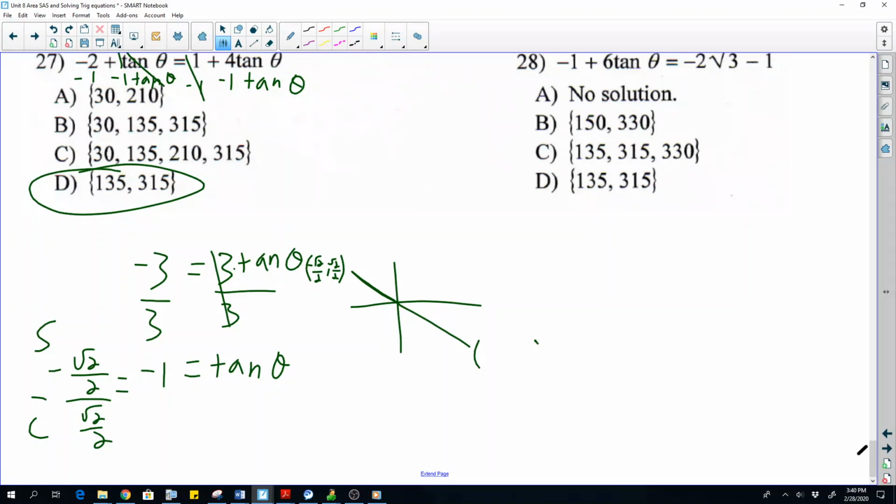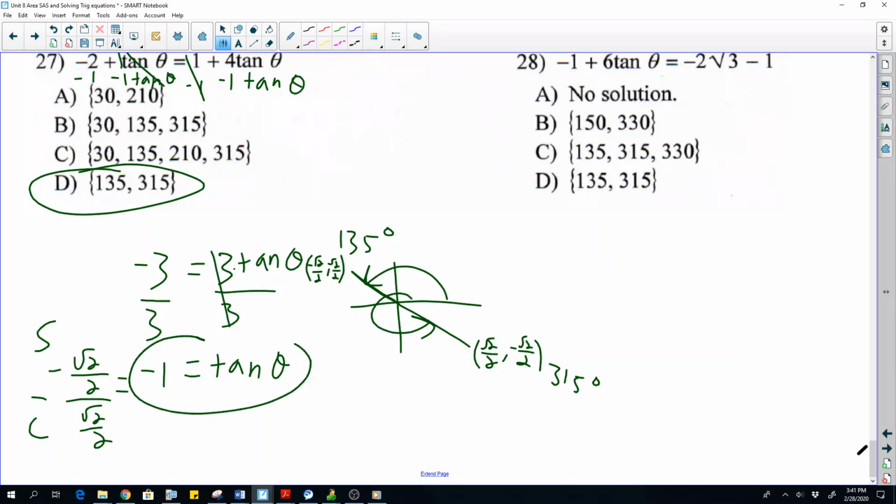And then down here was the opposite of that: radical 2 over 2 for cosine, and negative radical 2 over 2 for sine. And so that was our 315-degree angle, because that goes all the way around. And then also there was our 135 degrees. Cool. And so that's where tangent of theta equals negative 1.